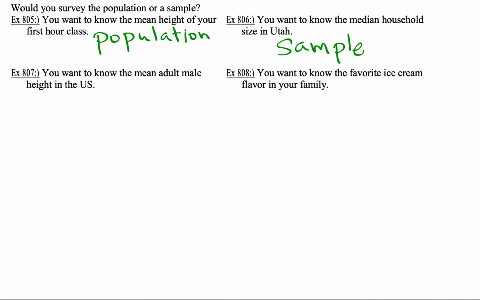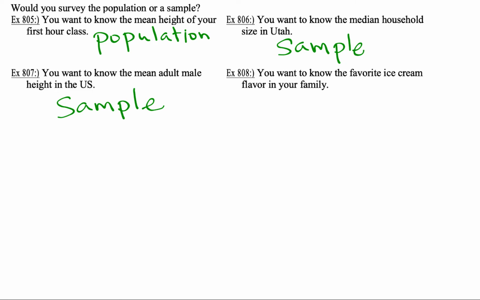Example 807. You want to know the mean adult male height in the U.S. Okay, adult males in the U.S., there's about 100 million of us. So trying to gather data from all of them would be, I'm not going to say expensive, I'm going to say impossible. It's not going to happen. So you're very limited here. You would have to use a sample.